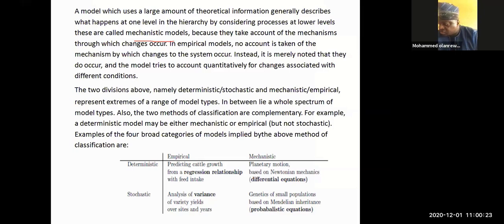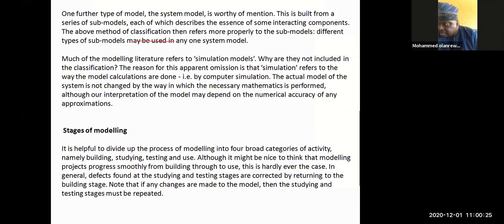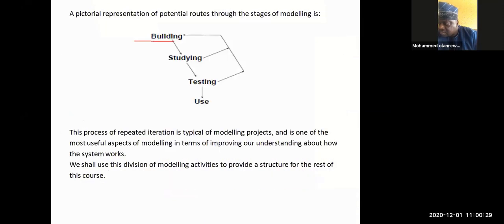So what are we trying to say here? A pictorial representation of potential routes through the stages of modeling is: building, B-U-I-L-D-I-N-G.